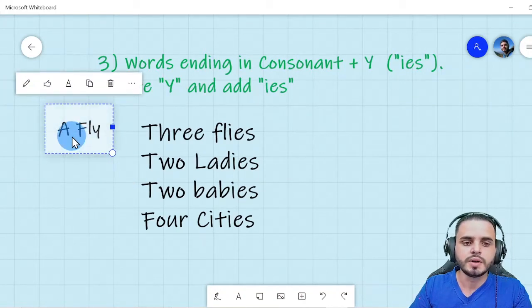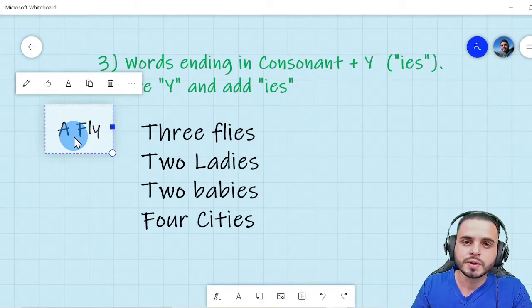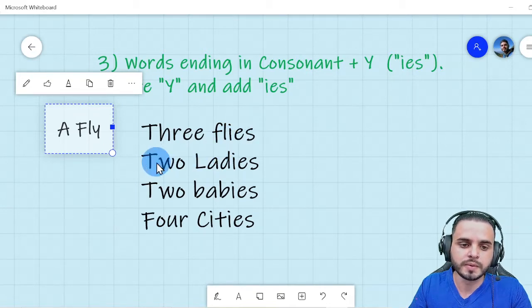Okay, so if instead of only one fly, you see three, you have to create the plural by deleting this Y, and then you substitute the Y by the letter I and add ES.